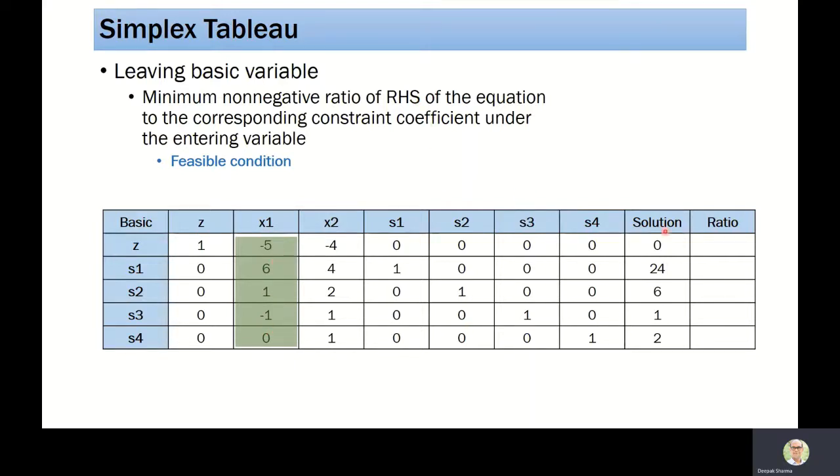The right hand side is written with respect to the solution. So these are the column coefficients and this is the solution, which is the right hand side. Now let us find the ratio: 24 divided by 6, 6 divided by 1, 1 divided by -1, 2 divided by 0. I have written it here.